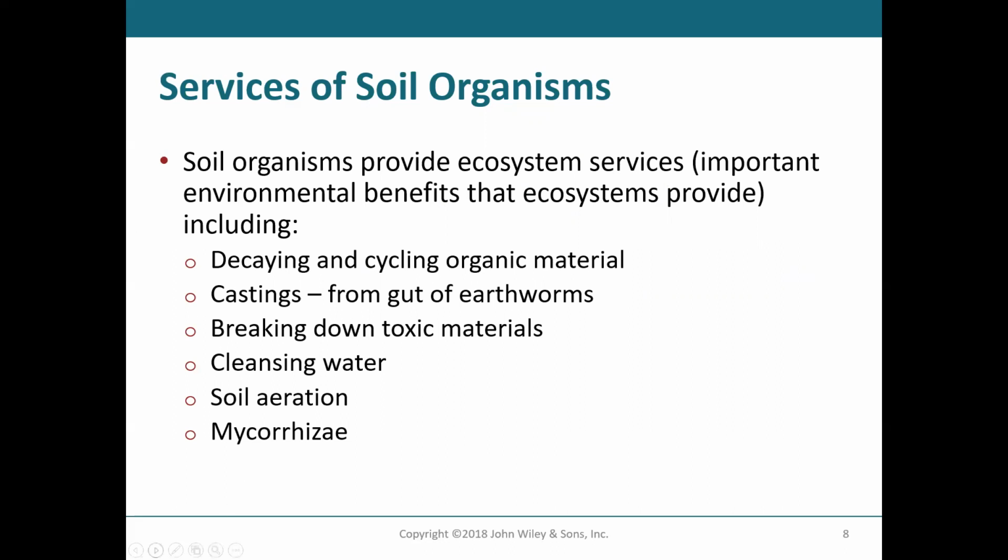Mycorrhizae is also very important. These are symbiotic relationship fungi between the roots of vascular plants and that can help absorb nutrients better. The most commonly known mycorrhizae relationship is that between orchid roots and the mycorrhizae. So it's really interesting that they can basically have a mutually beneficial relationship.